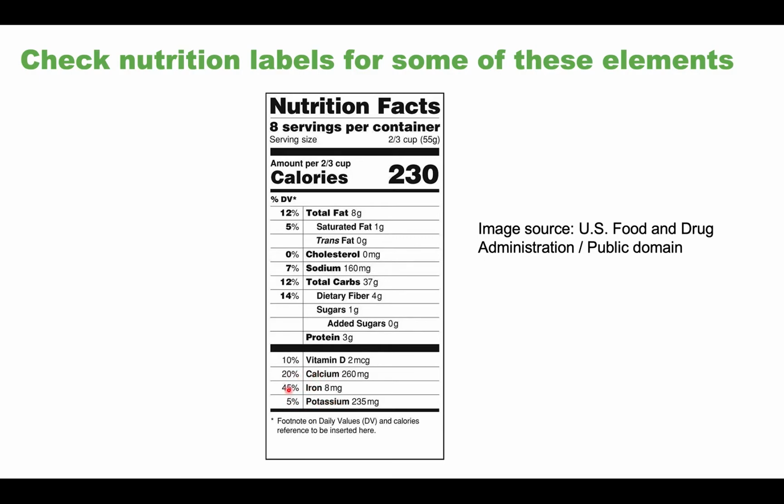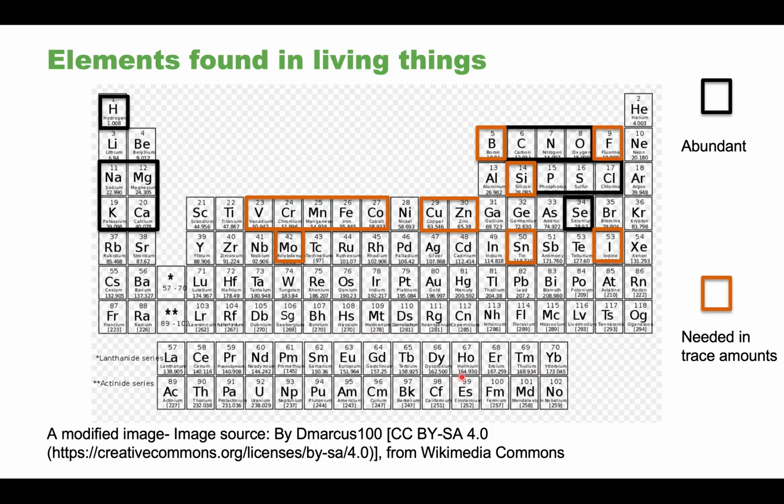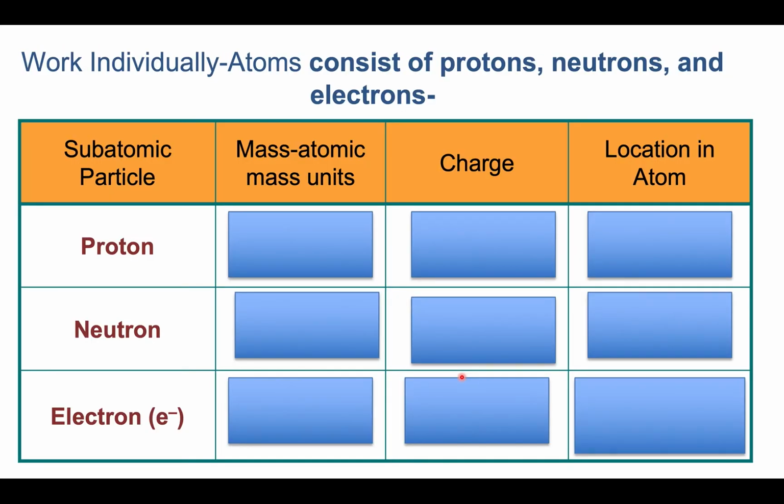These are the elements for which the percentage of daily value that you have to have in your food intake every day is shown here. So next time you look at the nutrition facts, try to find these elements in this list and see if you can remember which ones are abundant and which ones are needed in trace amounts.